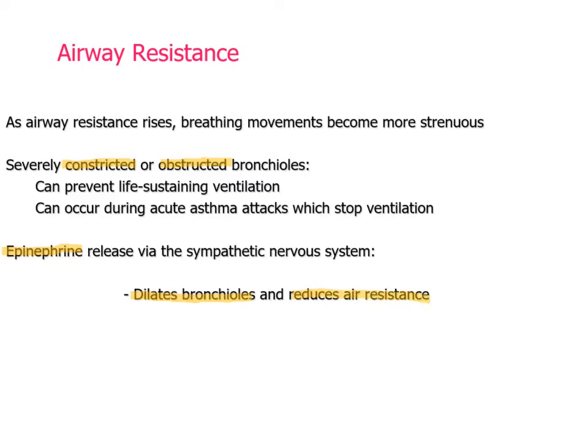And so people who use inhalers that contain a bronchodilator, it's not epinephrine, but it has epinephrine-like effects, when they inhale it causes a relaxation of the smooth muscle that's wrapped around the bronchioles. That's why their heart rate often rises, because they're getting that mimicking of sympathetic activation.